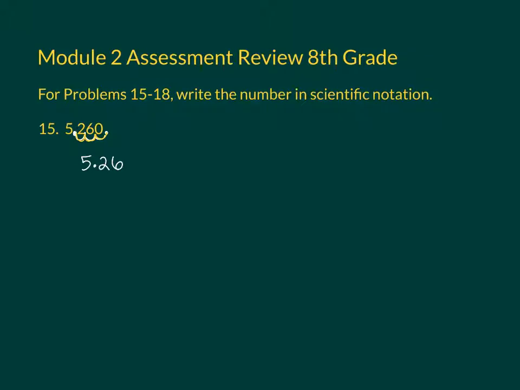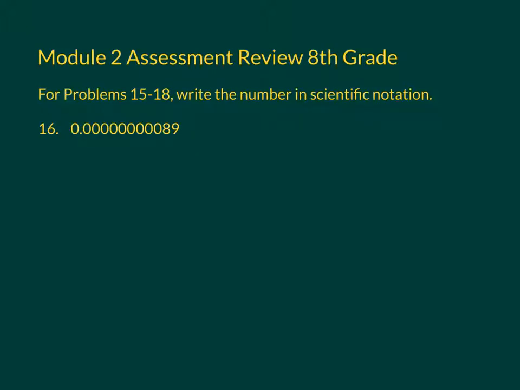Well, you can't just do that. 5.26 isn't the same thing as 5,260, so you have to turn around and multiply by what you divided by. So multiply by 10 to the third. By moving the decimal, we were actually dividing by 10 3 times, so turn around and multiply by 10 3 times so that this number is still equal to the other number. It's just in a different form. So 5.26 times 10 to the third is your answer for number 15.